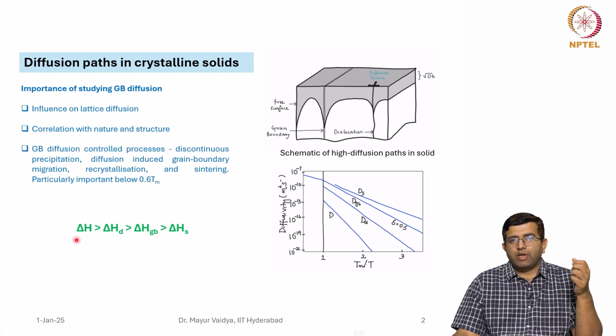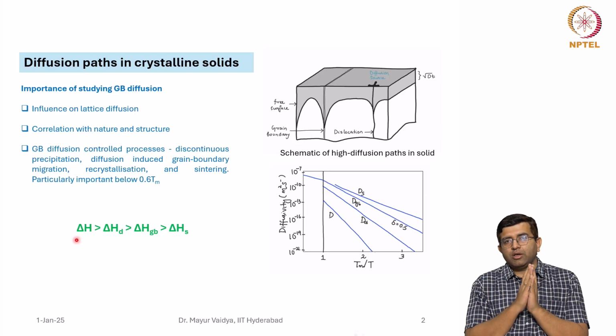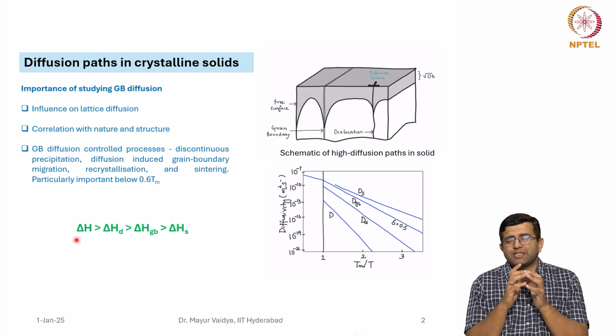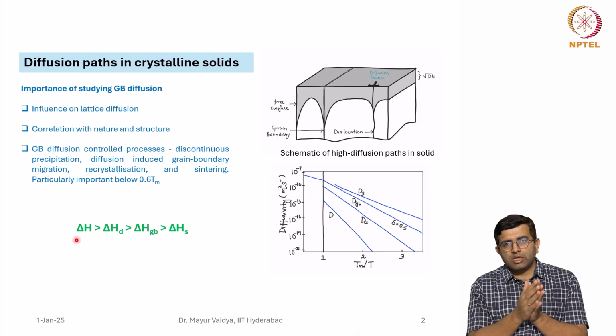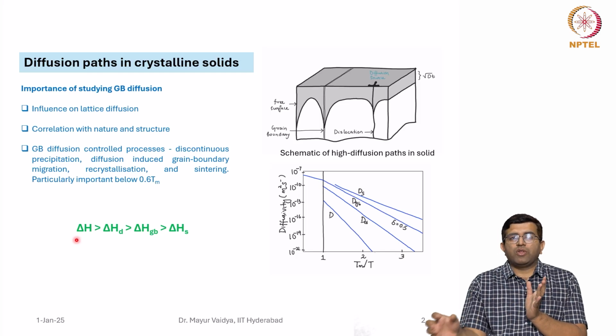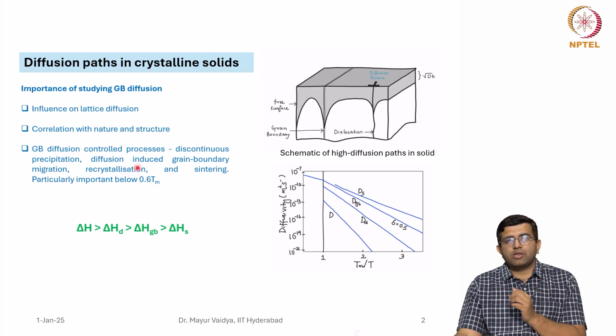And third, a very important reason for studying grain boundary diffusion is that there are several phenomena in materials which are controlled by grain boundary diffusion. Some of them are listed here: discontinuous precipitation, diffusion induced grain boundary migration, recrystallization, sintering, Coble creep for example, and these are particularly important below 0.6 Tm.